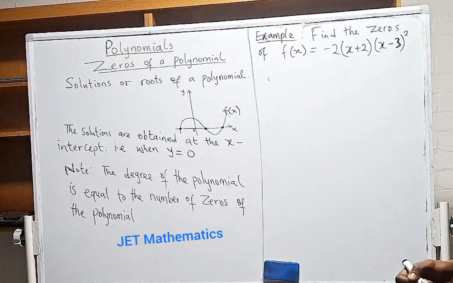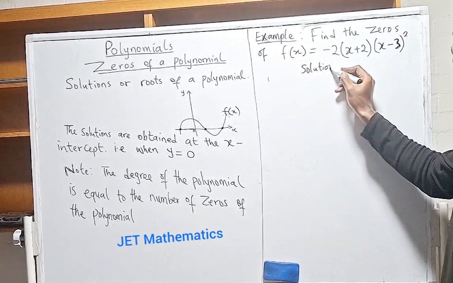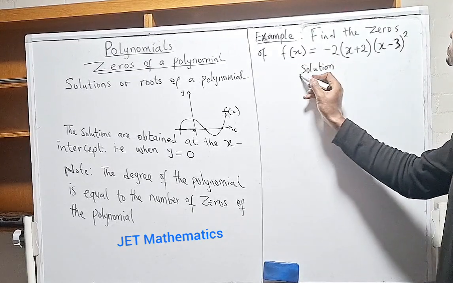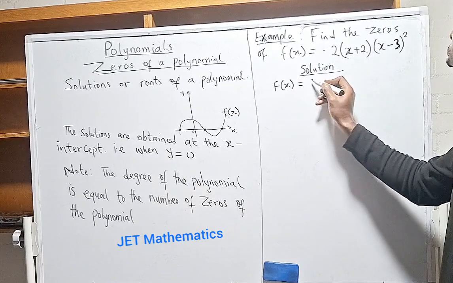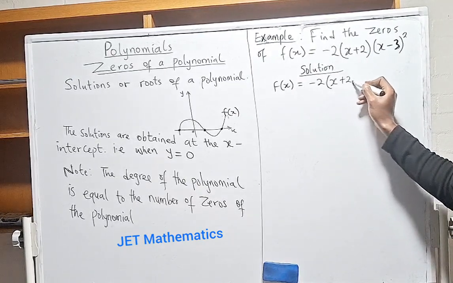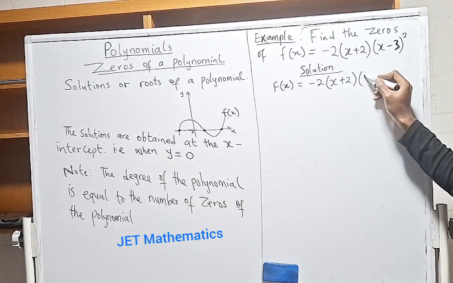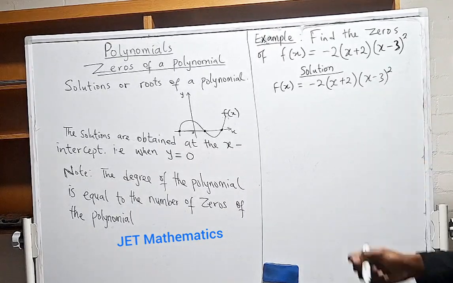Solution. We have f of x is equal to minus 2 bracket open x plus 2 bracket close, and then x minus 3 squared.